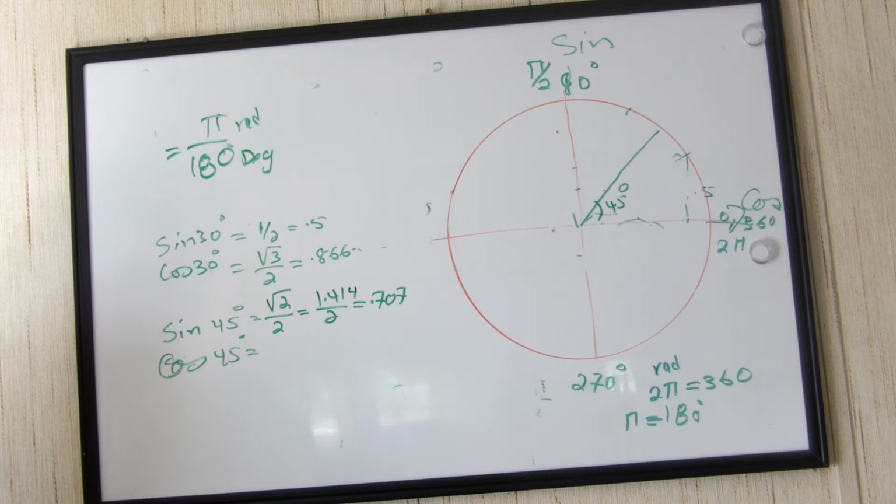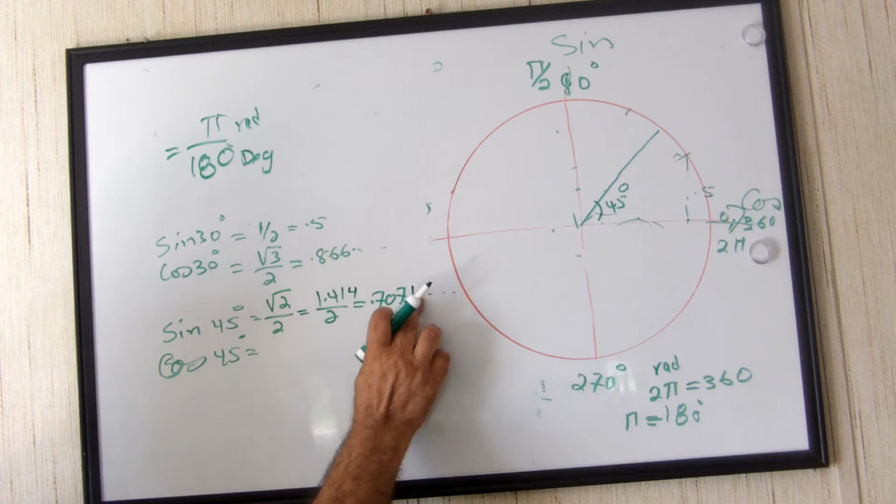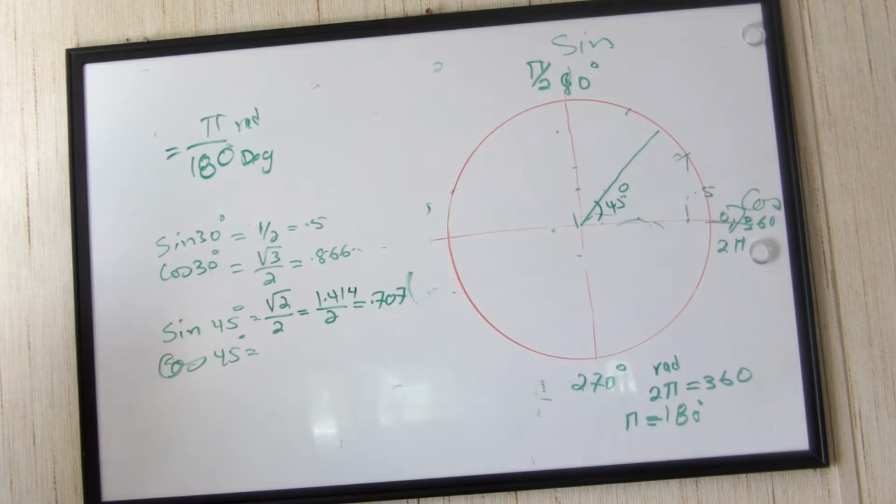If we divide this by 2, it's 0.7071 or something; we just write up to 3 decimal places.